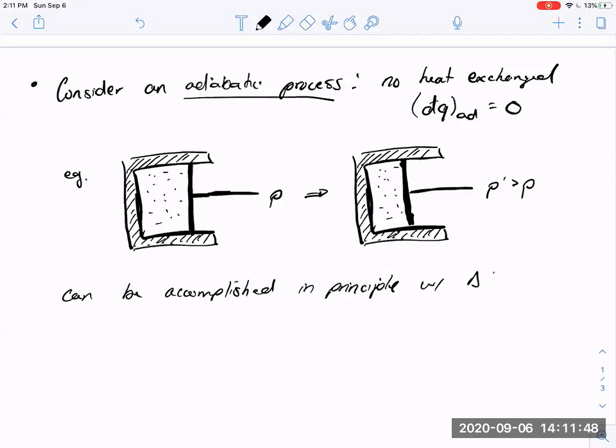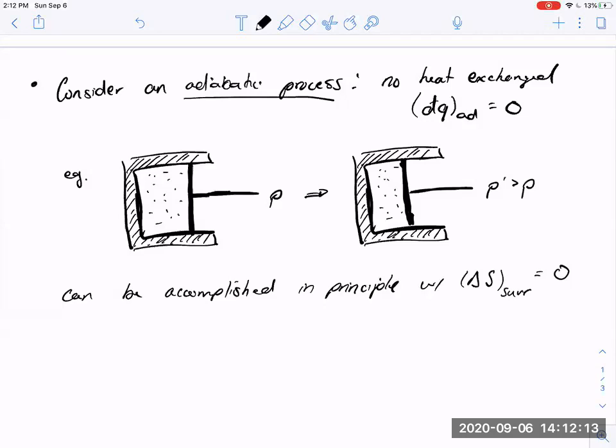If no heat flows to the outside, then from the outside's perspective, from the surroundings' perspective, nothing has changed, and thus there is no change in the surroundings' entropy in an adiabatic process.